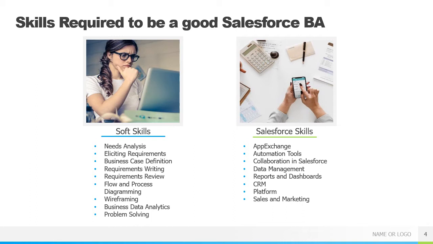These are also explained in depth on IIBA's website. So if you do a Google search for International Institute for Business Analysis, then you would find their website. That's where you would go to understand what the soft skill requirements are for a successful BA.